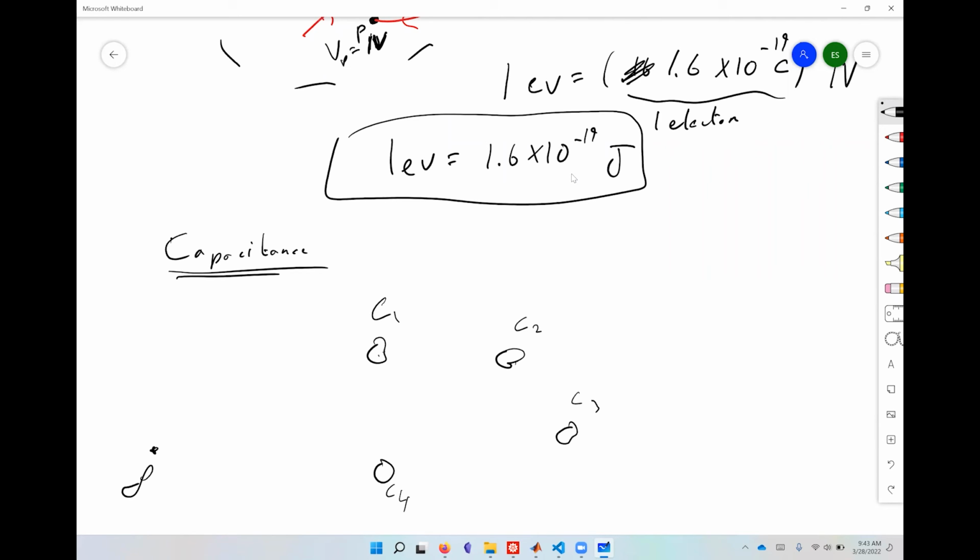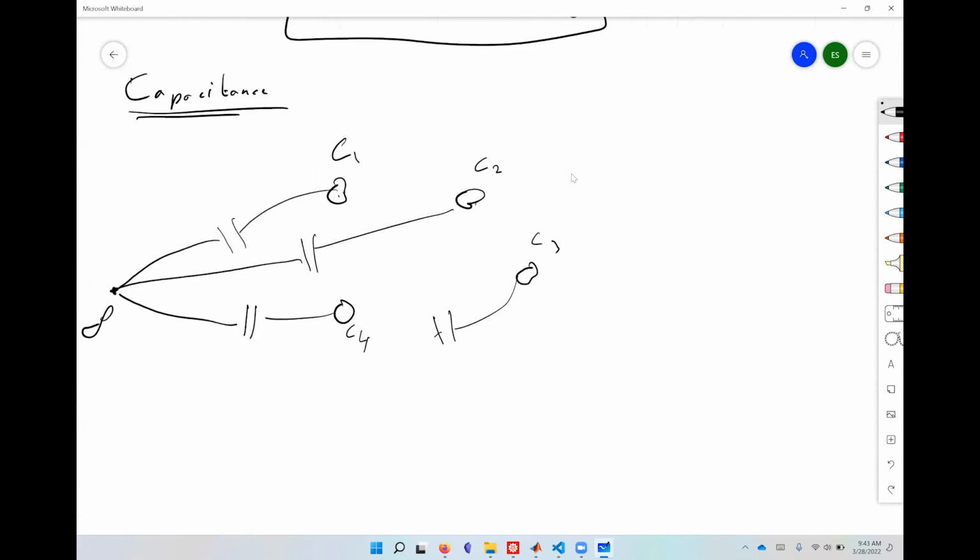I can use the lumped model and draw this as capacitors going to infinity. I'm lumping everything together. So the idea is, let's say you don't know the charges, but you have a bunch of objects and you know their capacitance. What would the energy be?